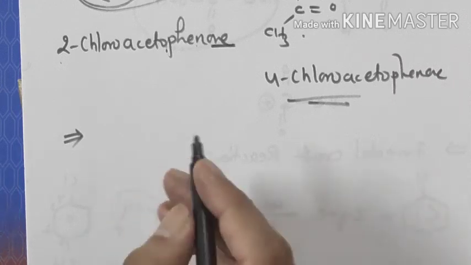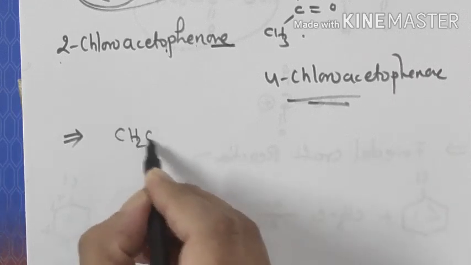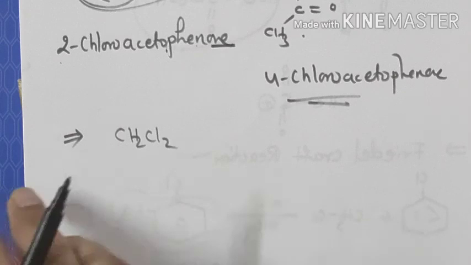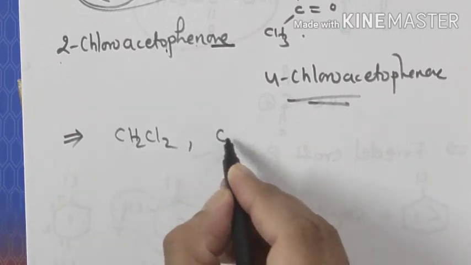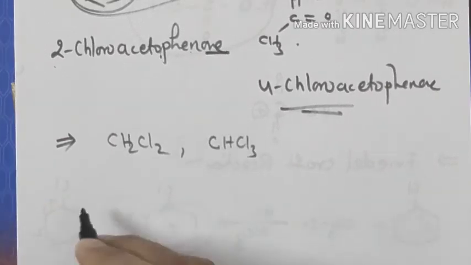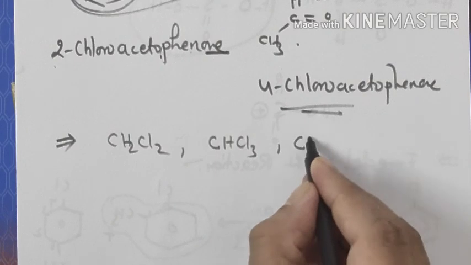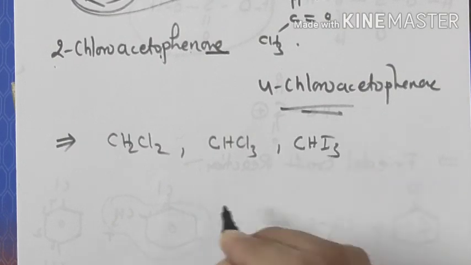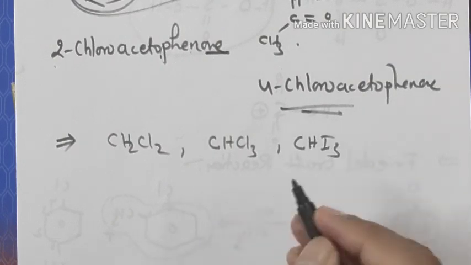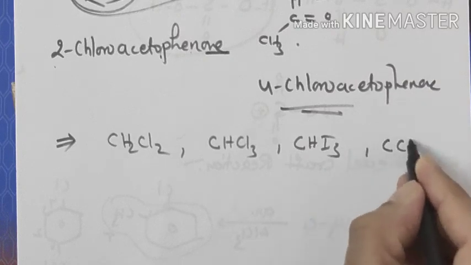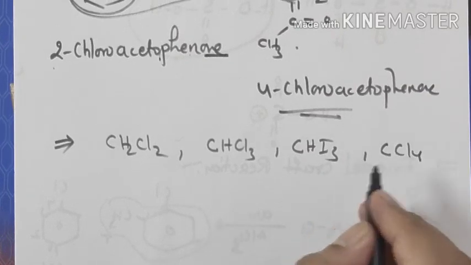Those compounds are CH2Cl2, methylene dichloride. That compound can be CHCl3, that is chloroform. That compound can be CHI3, that is iodoform. That compound can be CCl4, right?